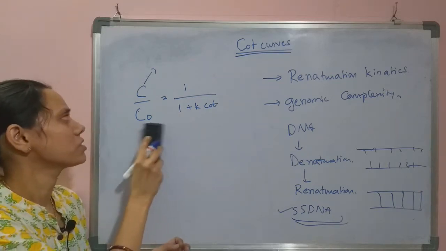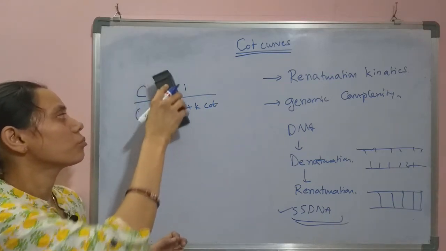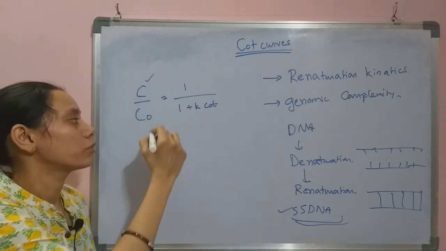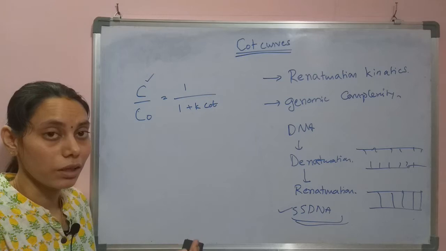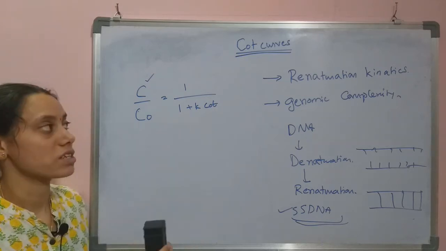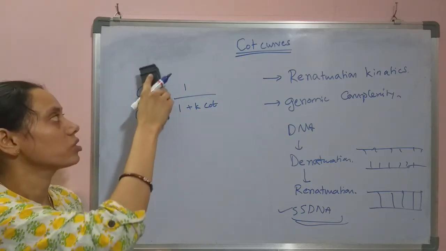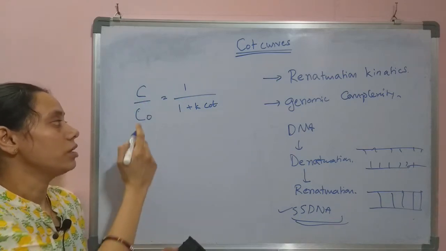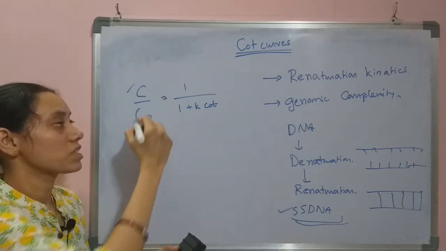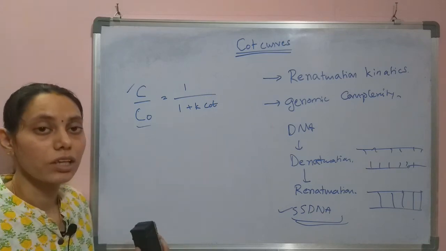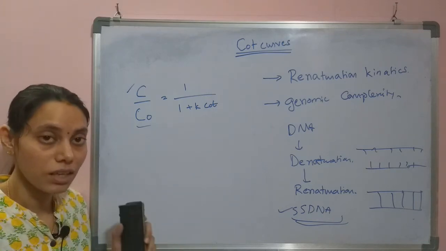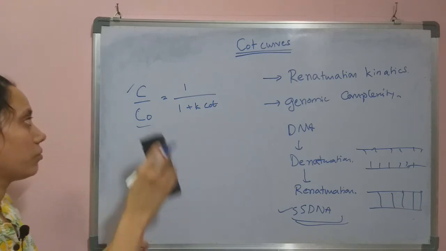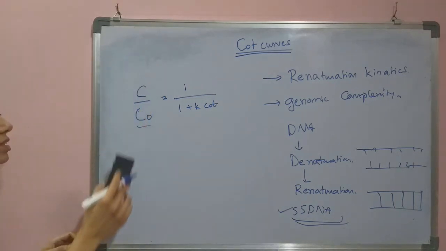So C/C0 expresses the proportion of the DNA that is left single stranded relative to the DNA at the initial stage of the experiment, that is, the total DNA before denaturation versus the content of DNA still left single stranded at time t. This expression describes that.